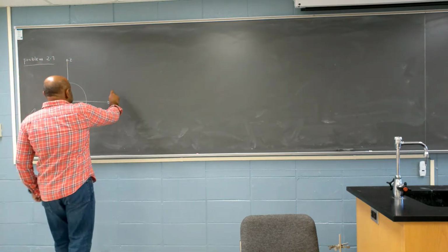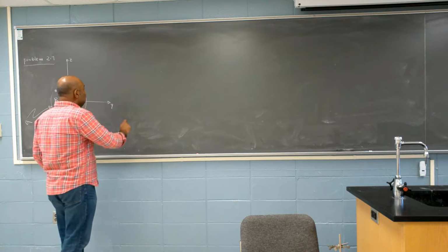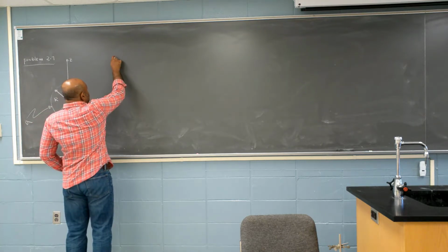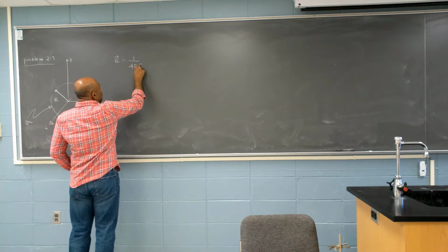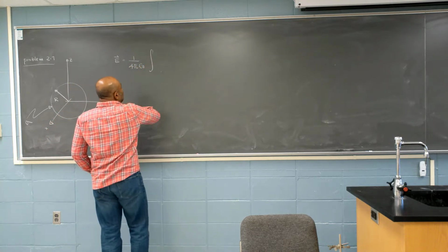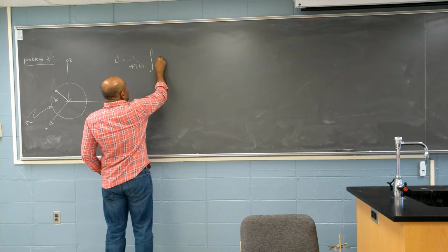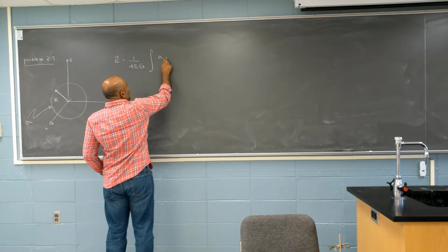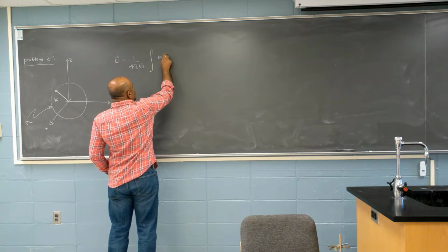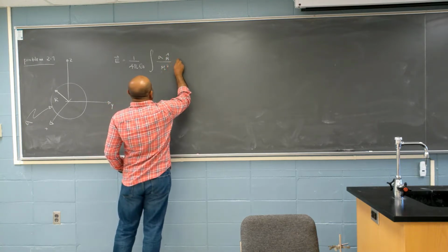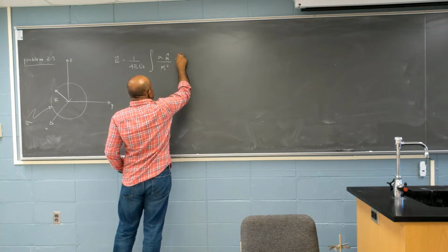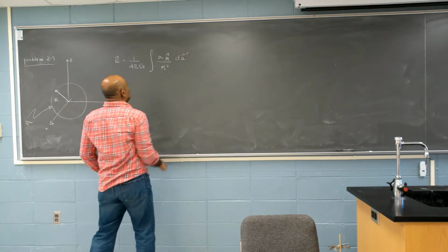If you recall, this is an area integral, and one of the things I wish to clarify is, well, it's 1 over 4 pi epsilon naught, integral of what is it? Sigma r hat over r squared dA prime.